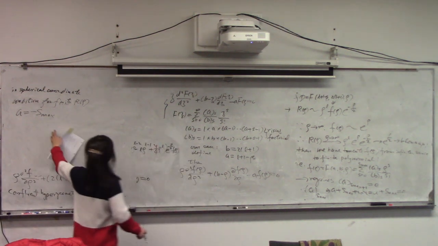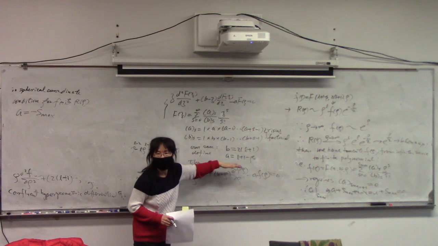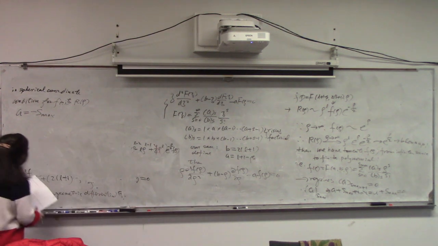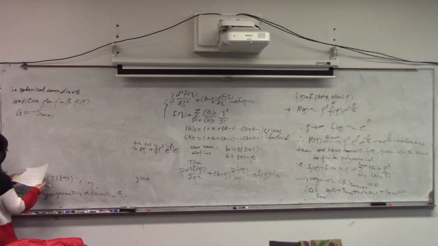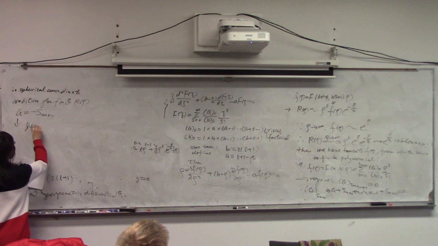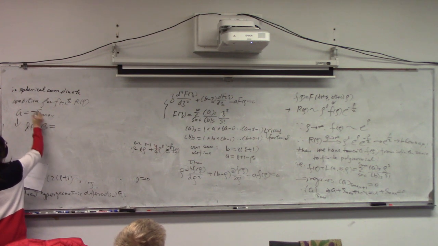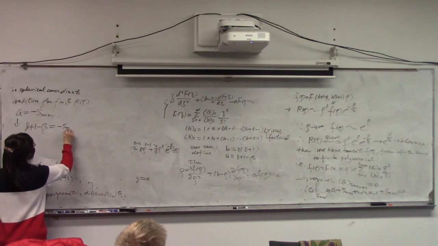So what is A? A is here. That means A is L plus 1 minus beta, equal to minus S max.